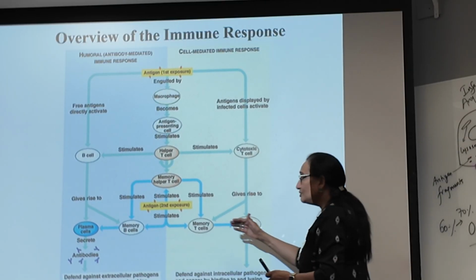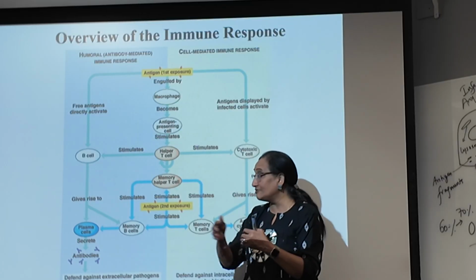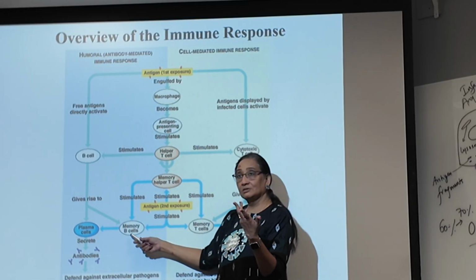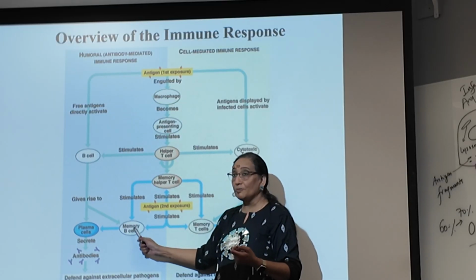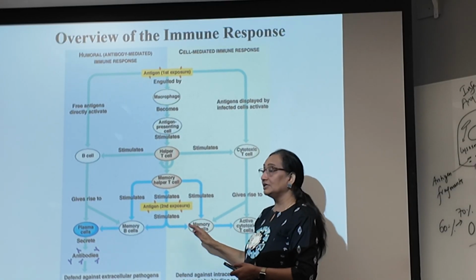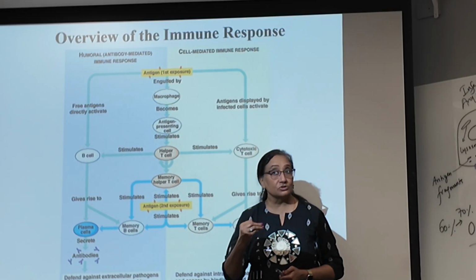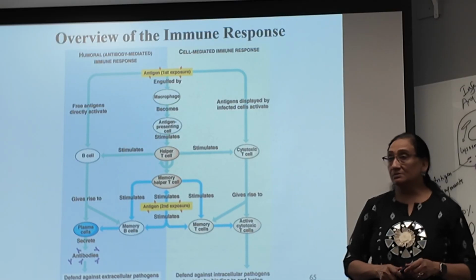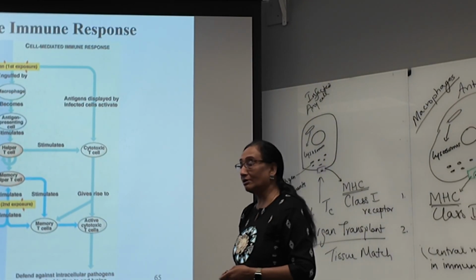So even if you come close to an infected person and you breathe in the virus, you're not going to get infected, because your memory B cells or memory T cells will immediately destroy it even before the pathogen has a chance to enter your tissues or your blood.